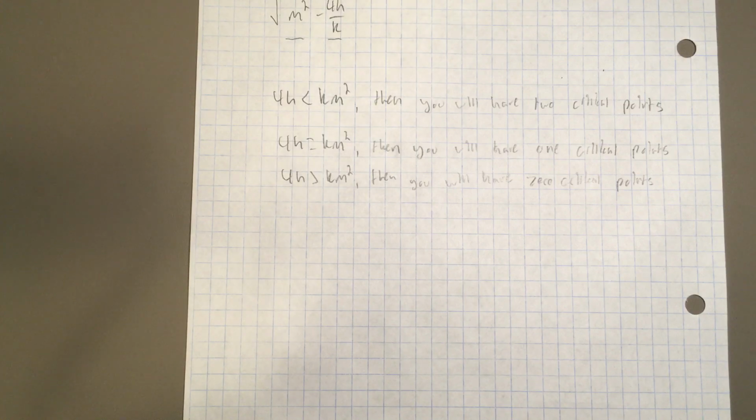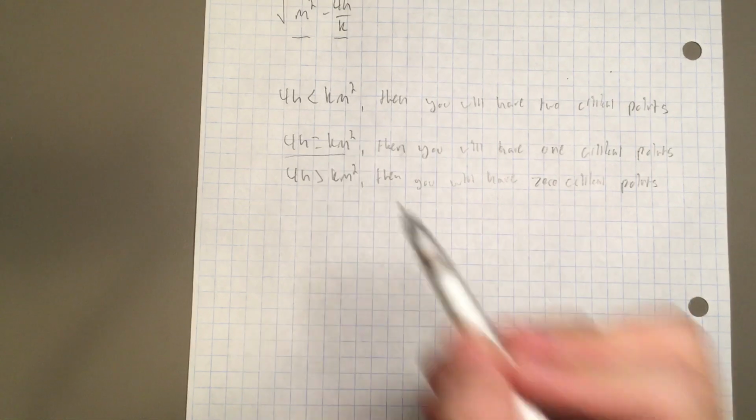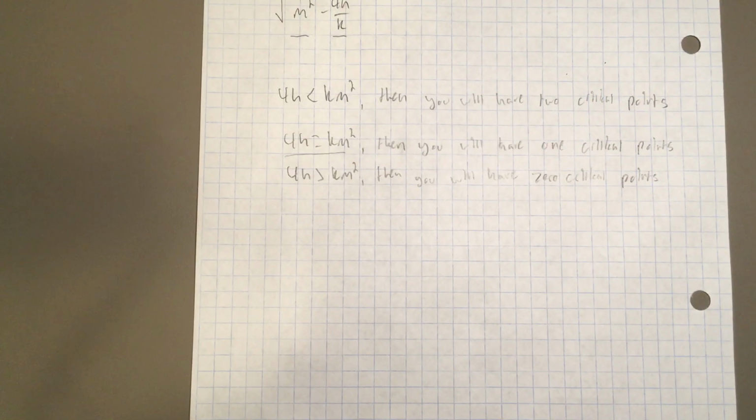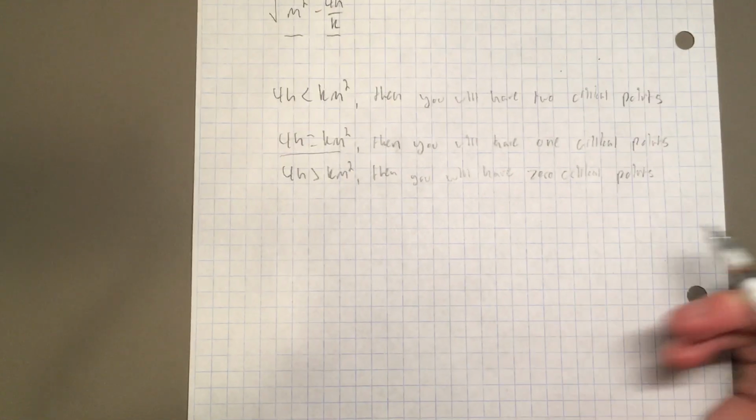So when we're trying to solve for the maximum H value that we can have while still having a stable population, then we're really looking for the highest possible H value that still yields at least 1 critical point. So if we look at this situation where 4h equals km squared, if you make 4h any larger than it is for that equation, then it's going to become greater with 0 critical points.